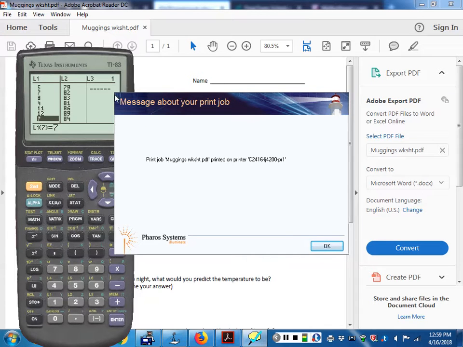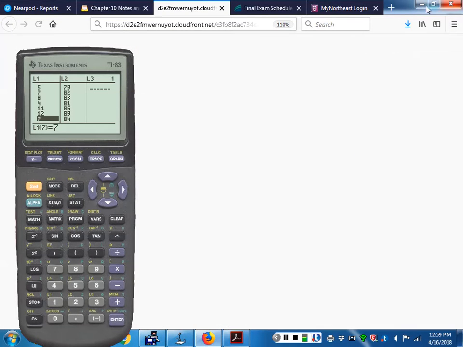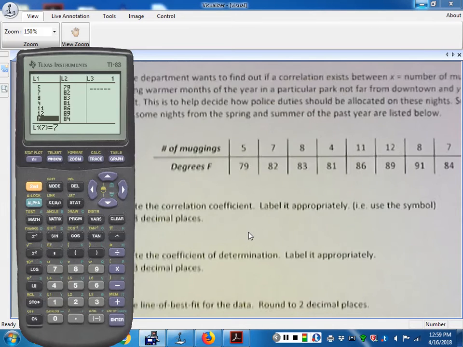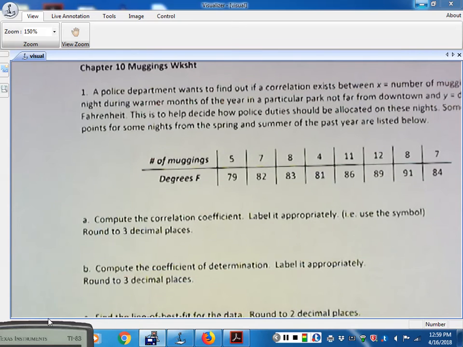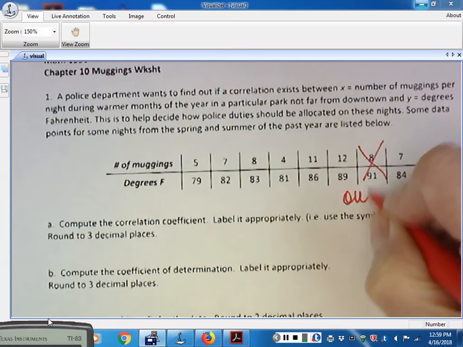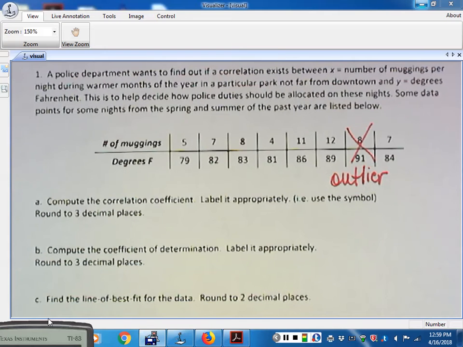Here's a brand new clean worksheet. The only difference in what I'm going to do now, from what we did before, is remember we've left out the outlier. So we're doing the same thing we did before.